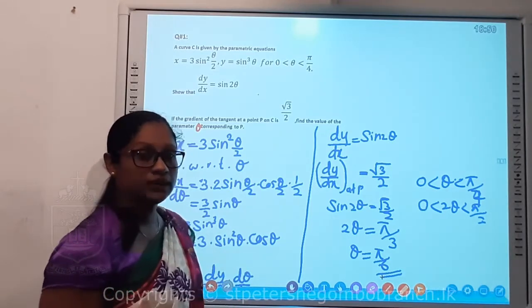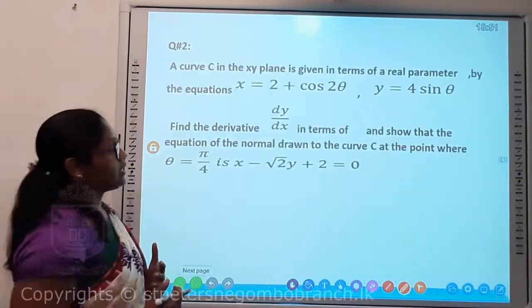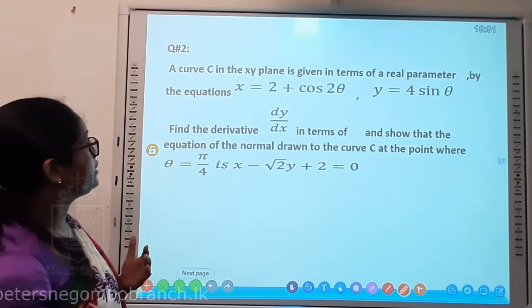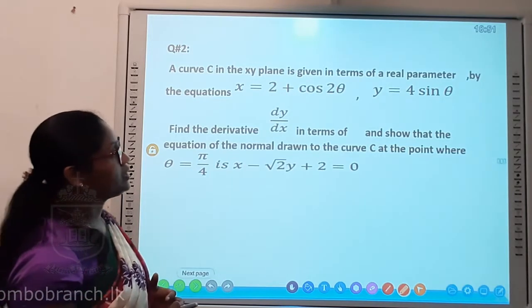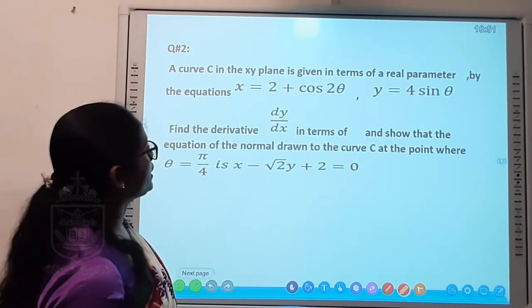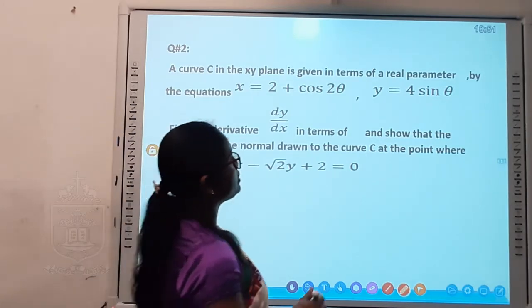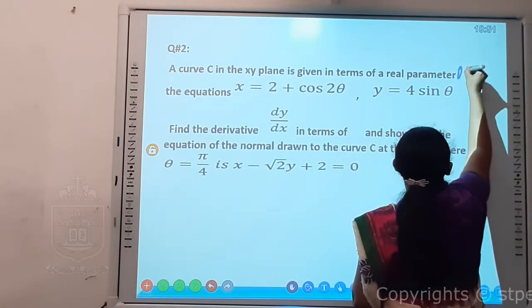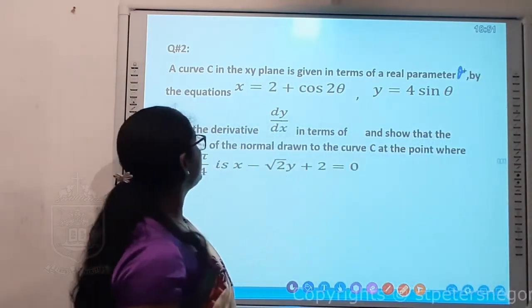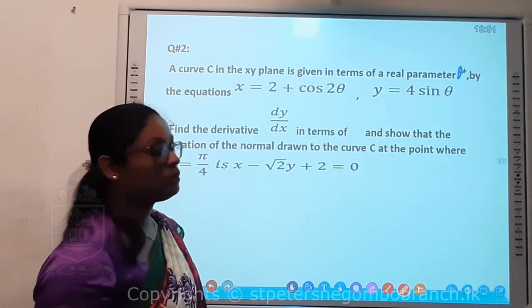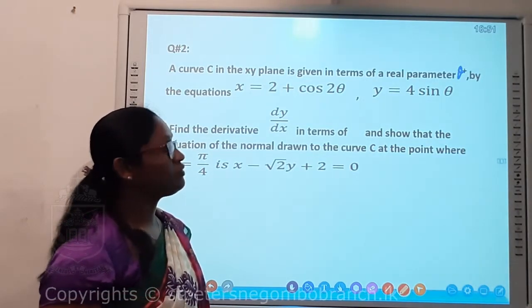Now we will move to the second question. A curve C in the xy plane is given in terms of a real parameter. Here the parameter should be theta, by the equations x equals 2 plus cos 2 theta and y equals 4 sin theta.